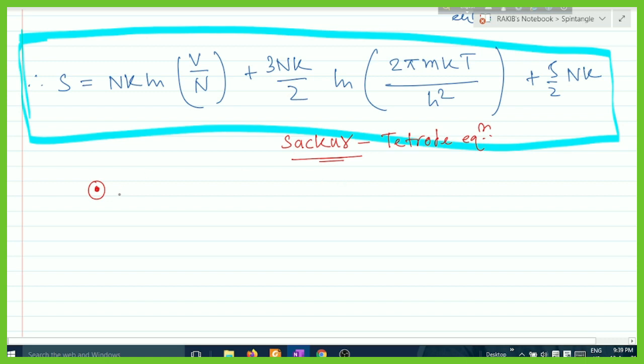Okay, so let's first check the entropy. Where was the problem on entropy? If the number of particles is increased by a factor of alpha, and the volume will also increase by a factor of alpha, then S should increase by a factor of alpha. Prove this.